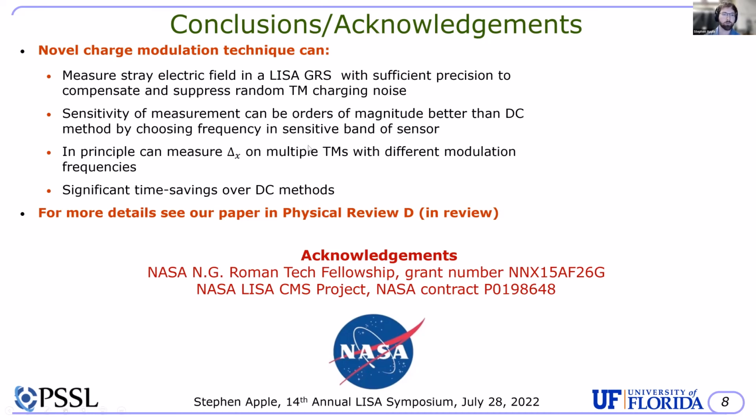And again, some of the advantages of this technique are that the sensitivity of the measurement can be orders of magnitude better than DC methods if you choose your frequency in the sensitive band of the sensor. And in principle, you could measure the delta X on multiple test masses by choosing different modulation frequencies. And it also offers some significant time savings over DC methods.